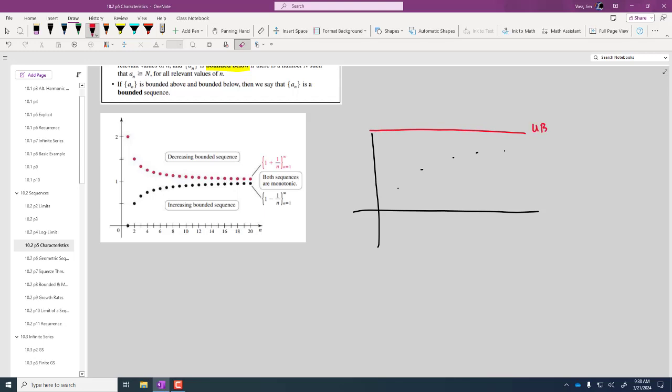It's above it and the sequence is going to stay below it. But it's not necessarily the least of all the upper bounds. If you go on in math, you'll try to find the least upper bound. The least upper bound will be the one that is the horizontal asymptote. So that would be the least of all the upper bounds.